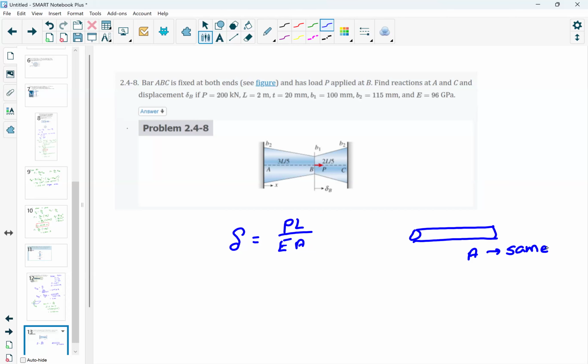That is not the case for this, because you will notice that this is not a bar, this is a cone, kind of. But we really can't use the area of a cone either.